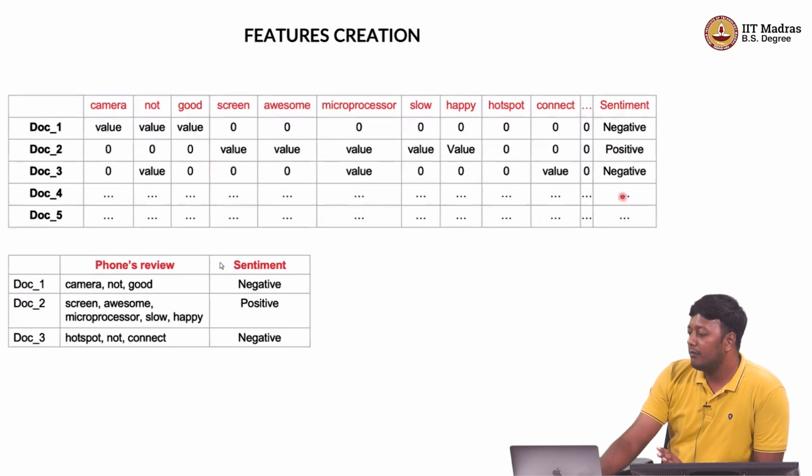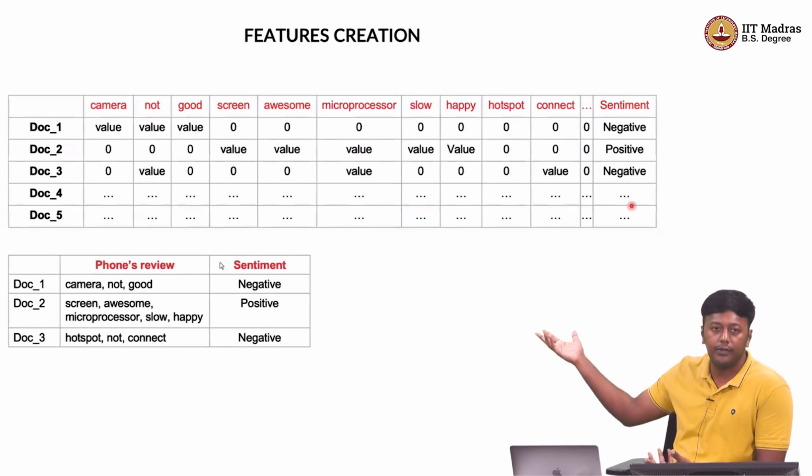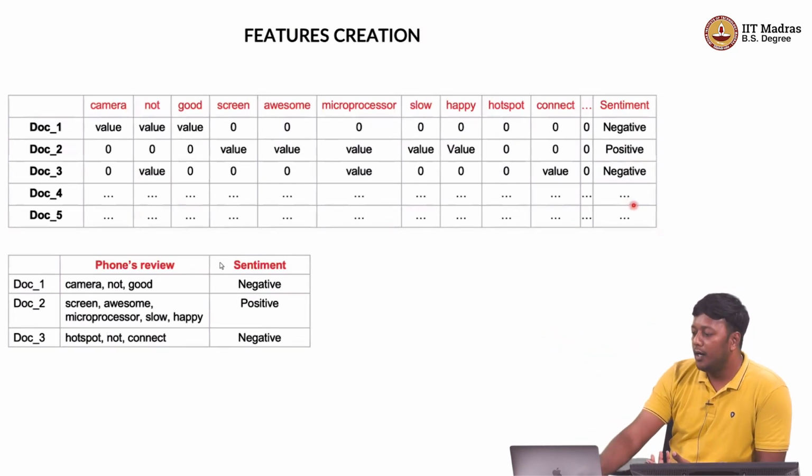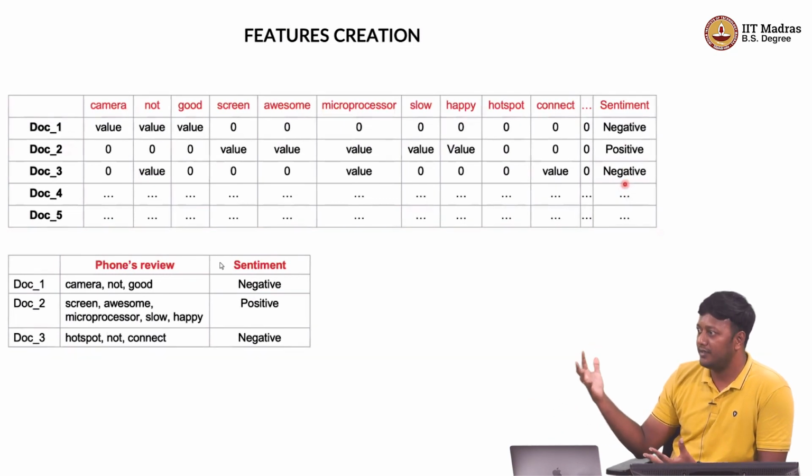And now I have positive, negative. Now I can give it to a simple model, logistic regression or anything. I'll just pass this, and it will now learn that whenever not has a value present, it is actually negative, right? For example, it cannot understand sarcasm or word sense disambiguation or everything.